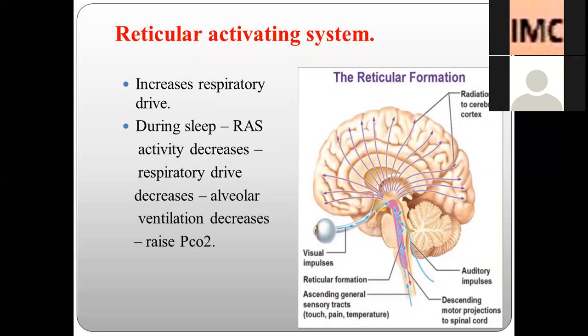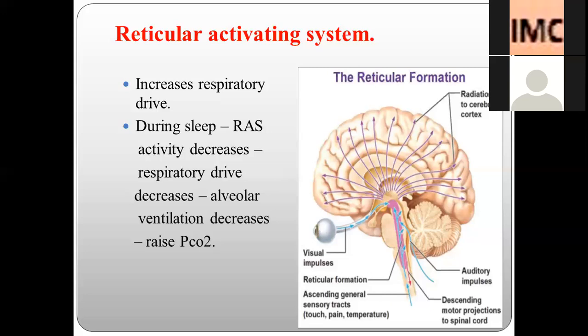So during the sleep stage, the reticular activating system activity will be decreased, causing a decrease in respiration. In the daytime it will be activated, so you can adjust the rate and depth of respiration, whereas during sleeping you can adjust accordingly.